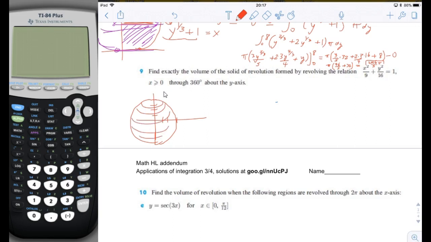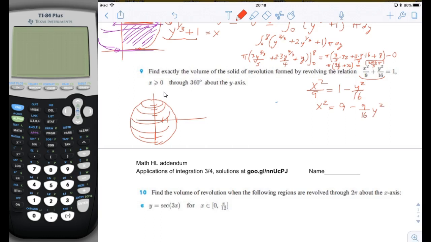And so basically, we need an expression with x on the left and everything else on the right. To do that, we would first subtract y squared divided by 16 from both sides. So it would be x squared divided by 9 equals 1 minus y squared divided by 16. Then I would multiply both sides by 9, so I would end up with x squared equals 9 minus 9/16 y squared.